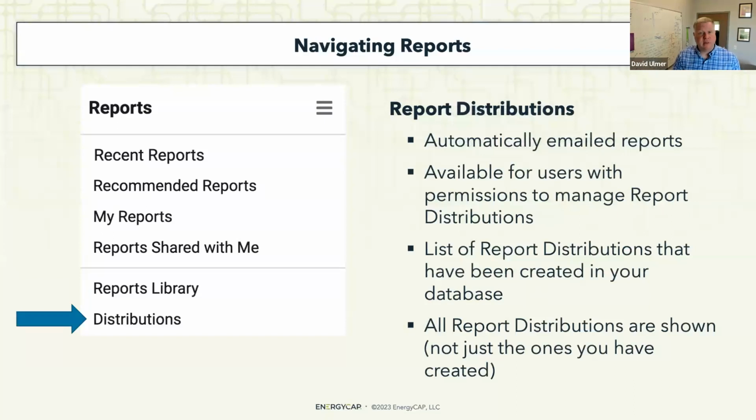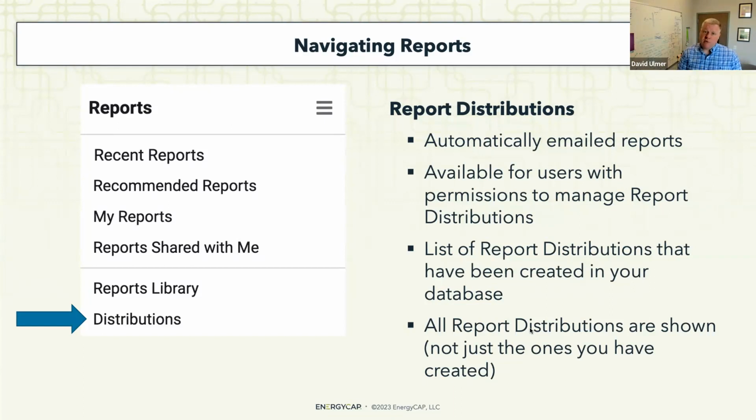Speaking of report distributions, that's the last option that's available within the reports module. Report distributions is the ability to automatically send reports via email on a regular basis. That's what a report distribution is. So with a report distribution, you can configure a report once, determine whom should receive that report via email on a regular basis, and then have that sent automatically.